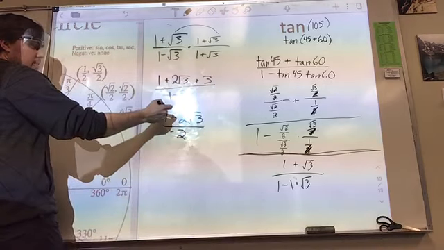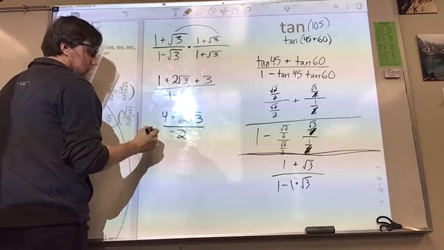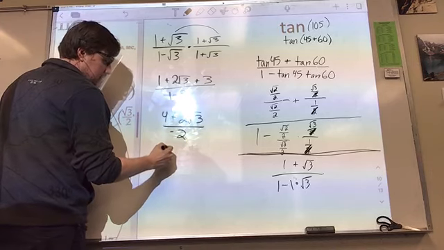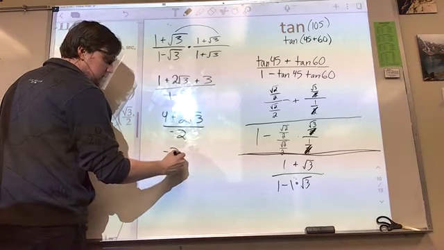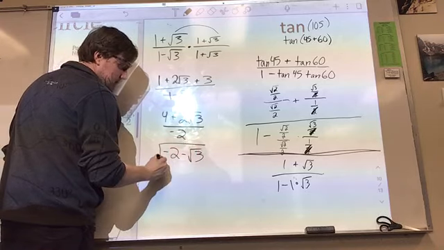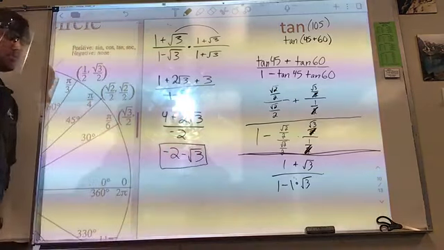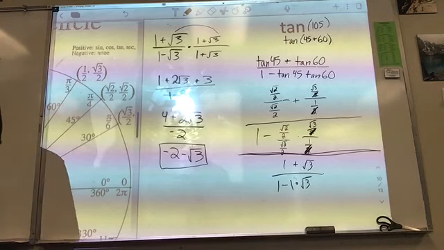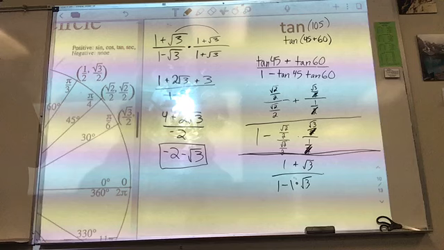And we can simplify 4 divided by 2, 2 divided by 2. That ends up being a negative 2 minus root 3. Every tangent answer will look something like that, with different symbols. Okay?